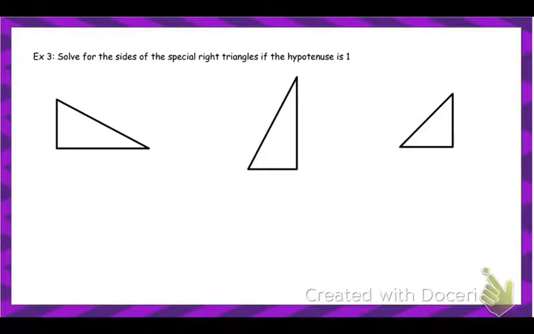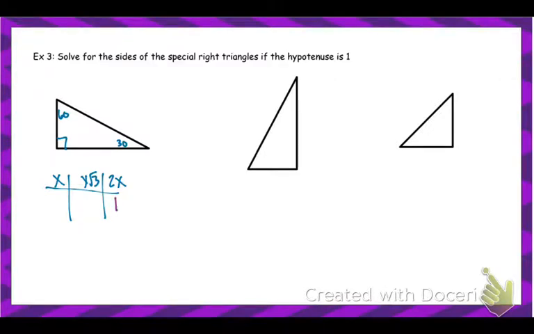The only difference is we're going to use the same ratio, but instead of picking 1 for our x, we're going to let our hypotenuse be 1. So if I start with this triangle right here, let's say this is 30, this is 60, and that's 90. That ratio is still x, x root 3, and 2x. But instead of plugging in 1 for x, I want to make the hypotenuse 1.